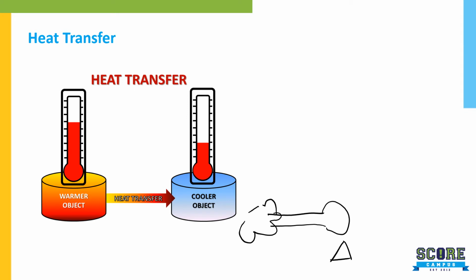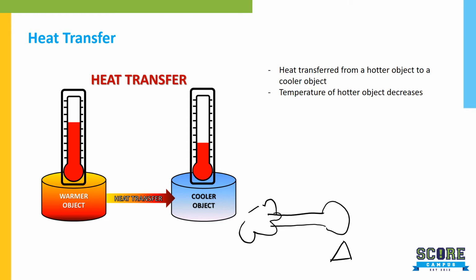Heat is transferred from a hotter object to a cooler one. When this happens, the temperature of the hotter object decreases as it is losing heat, and the temperature of the cooler object increases as it is gaining heat. Now that is why your fingers feel hot as you are gaining heat. The heat will continue to be transferred until both objects have the same temperature.